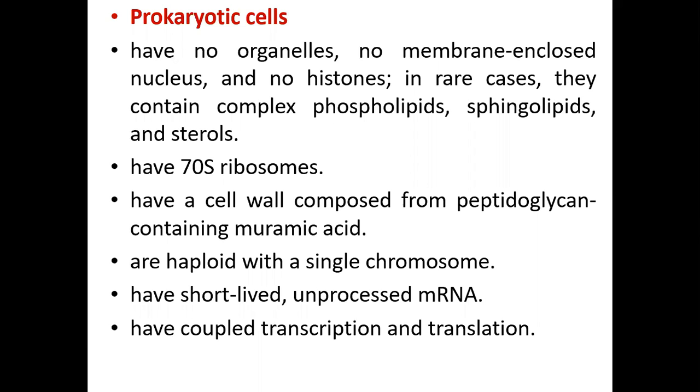Processed mRNA is present in eukaryotes because the mRNA of a eukaryote should pass through the nuclear membrane and needs support, and because of the presence of introns, which should be spliced during transcription. Bacteria have coupled transcription and translation.